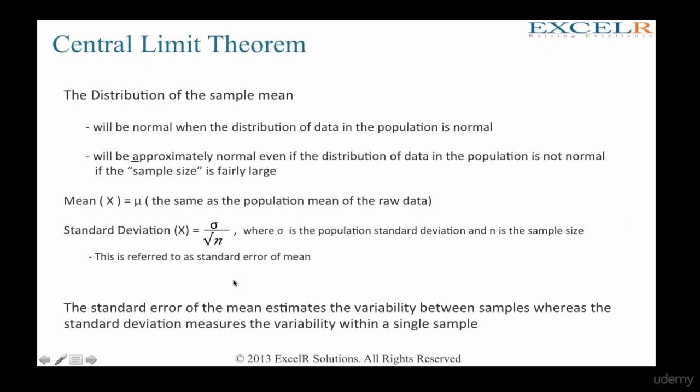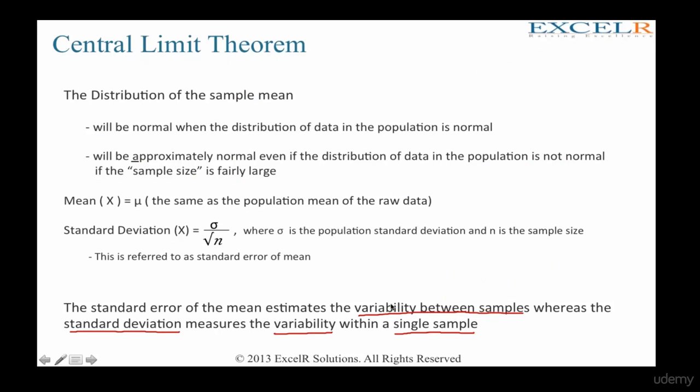Another new terminology that you need to be aware of here is as follows. Standard deviation measures the variability within a single sample. However, how do you measure the variability between different samples? Variability within a single sample is measured using the standard deviation.